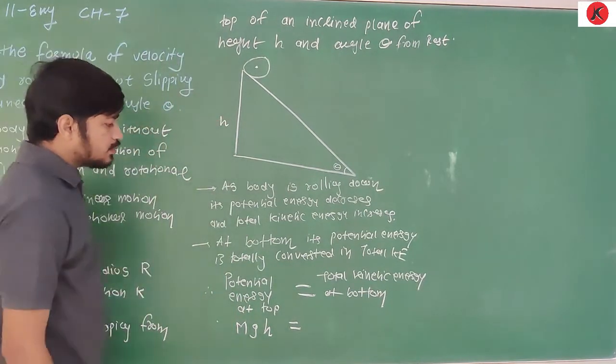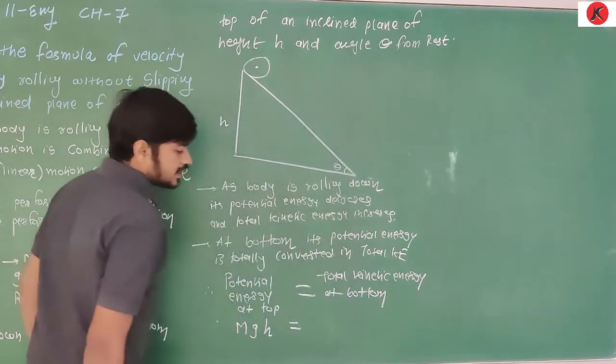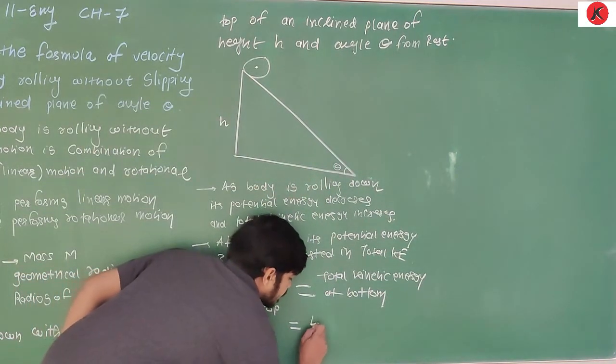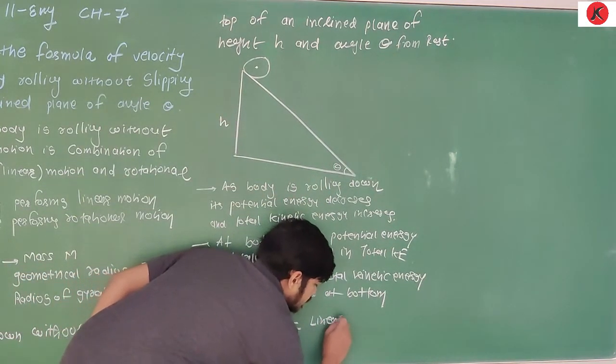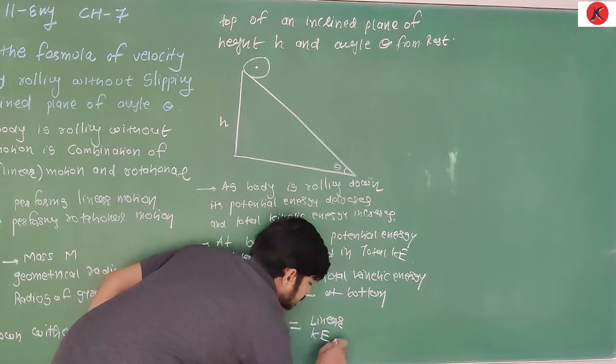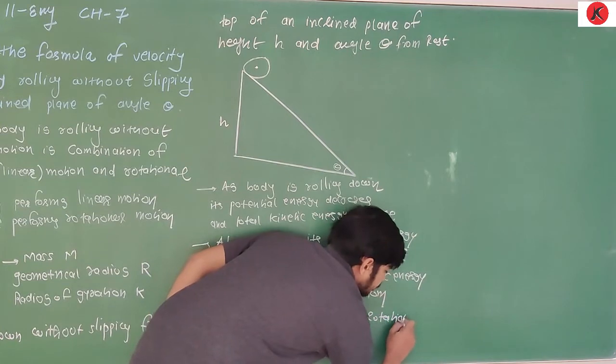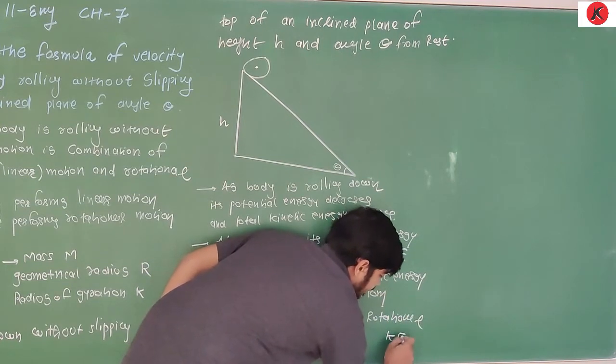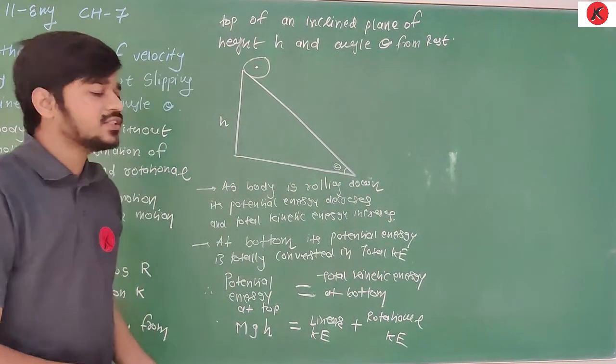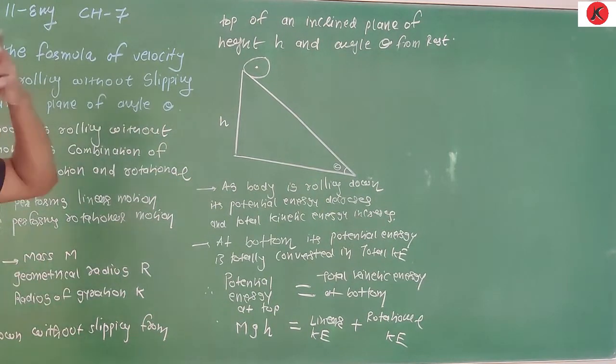So total kinetic energy means linear kinetic energy plus rotational kinetic energy. Linear, or you can write translational, as we discussed earlier.